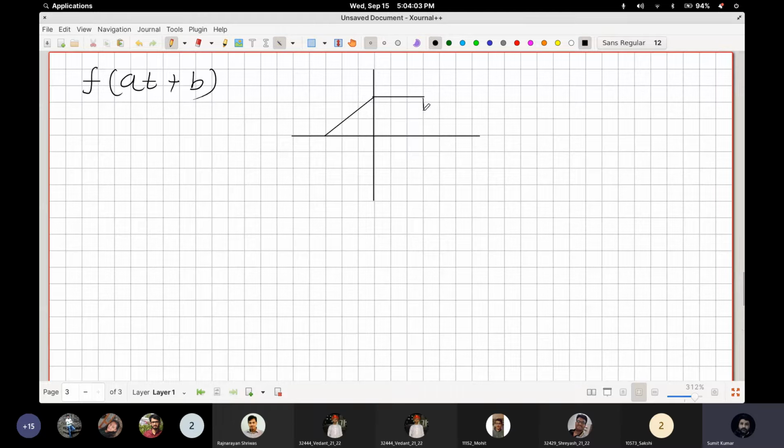Let's say this is from -1 to 1, and this value here is 2, and this is f of t, and this here is t. Are we all clear here that this is f of t and this axis is t? Is this clear to everyone?